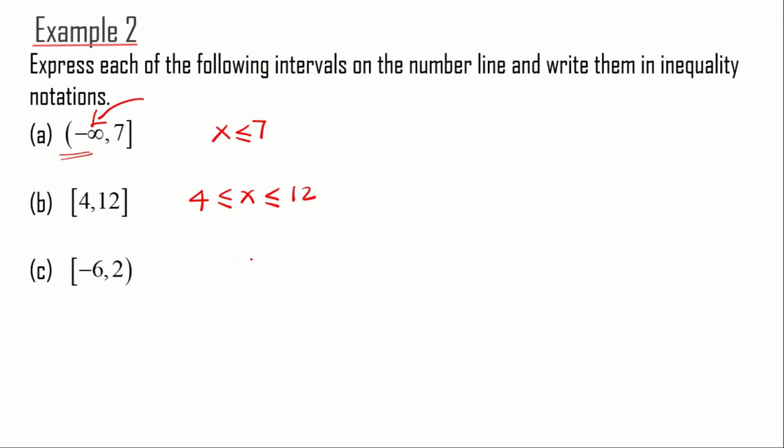So we have x is greater than or equal to -6, and less than 2. Okay, and the last one we have from 15 to infinity. So it means here that your x is greater than or equal to 15, see the bracket.